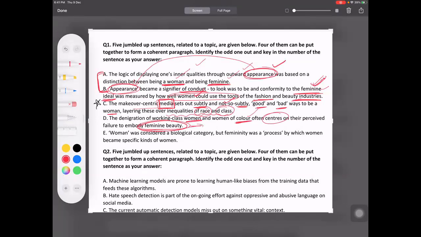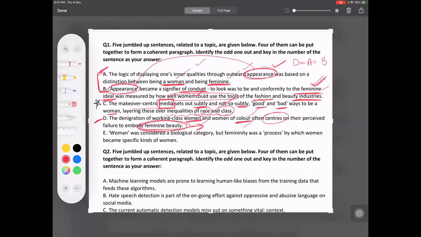Whatever feminine beauty is, people think that working class women and women of color do not fit it. So again, they are focusing on women and the feminine, these two aspects of appearance, how they look. All right, so the D option is matched with the A option. It has a connection with A option and A has a connection with B option right now.